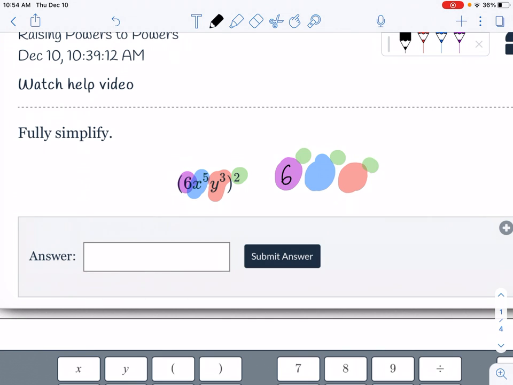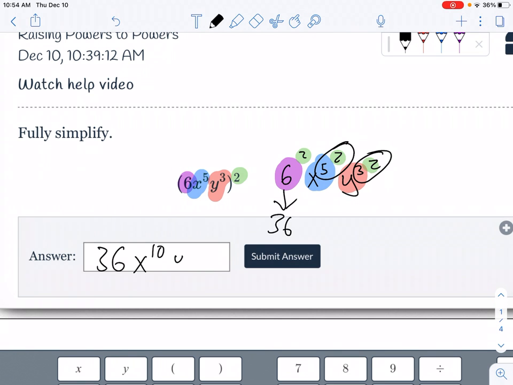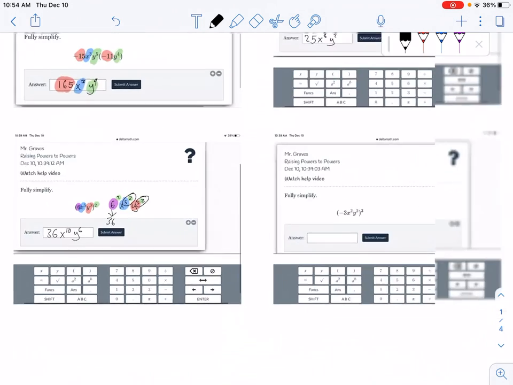So I have 6 is going to get raised by a 2, x to the 5th gets raised by a 2, y to the 3rd gets raised by a 2. 6 to the 2nd power is 6 times 6, which is 36. X to the 5 times 2, well, 5 times 2 is 10, so that's x to the 10th. And y to the 3rd times 2 is y to the 6th.